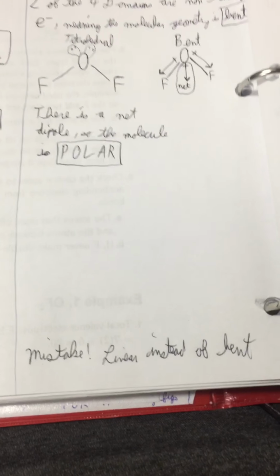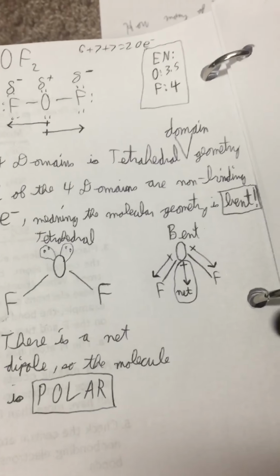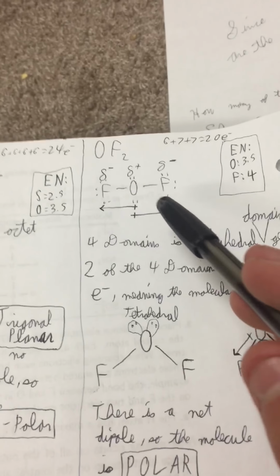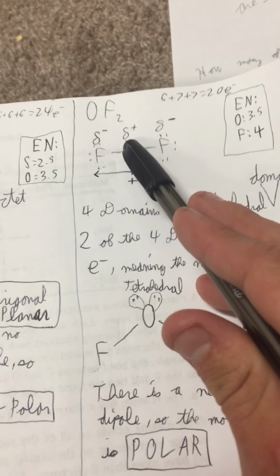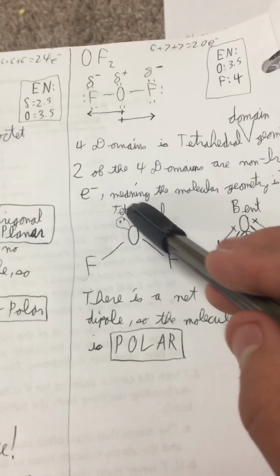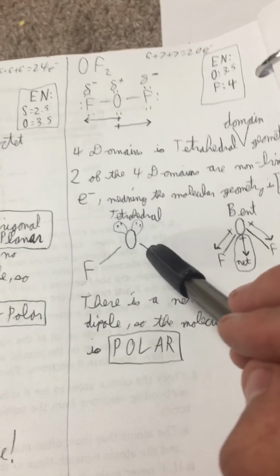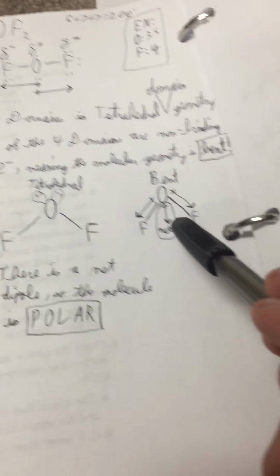The mistake for the second one, OF2, is that it is linear instead of bent. You have these two outside non-bonding sets of electrons, which normally would be linear, but they force the angle to go down, therefore creating that bent pattern.